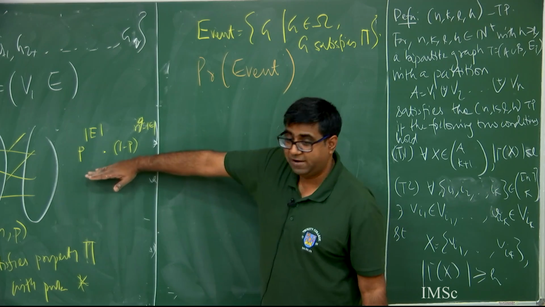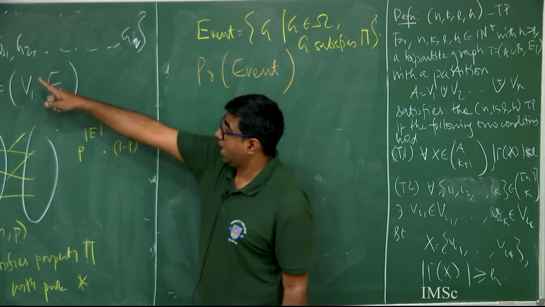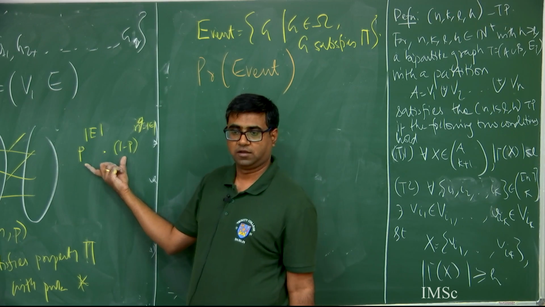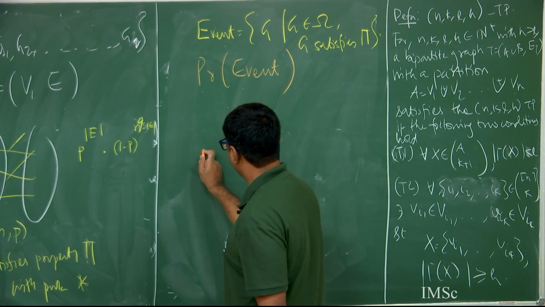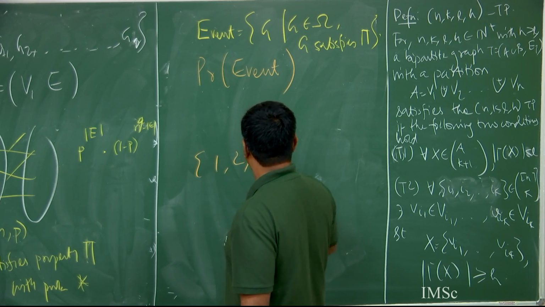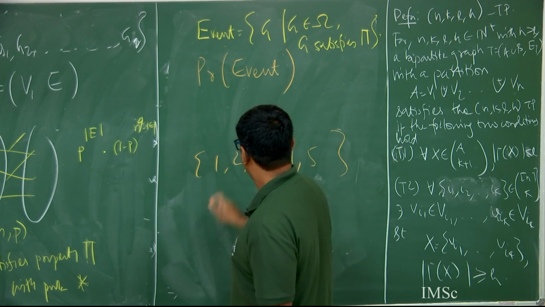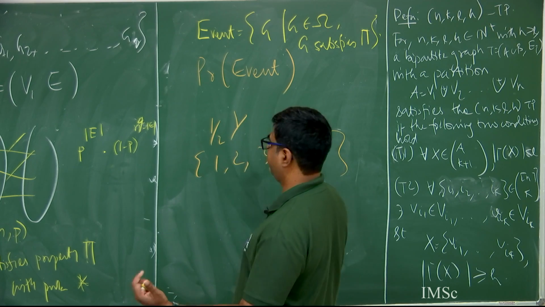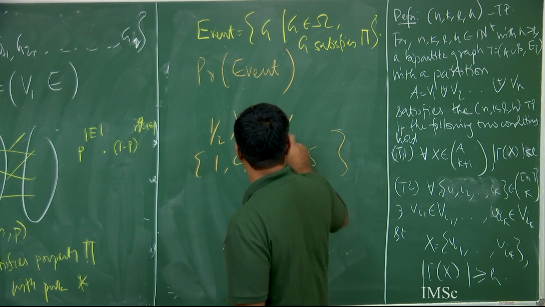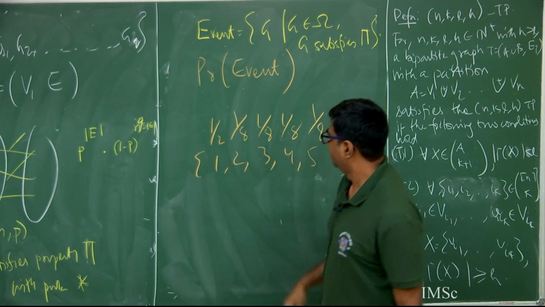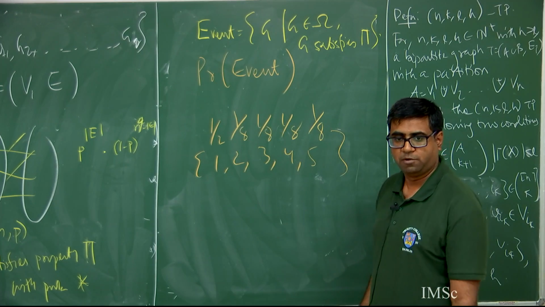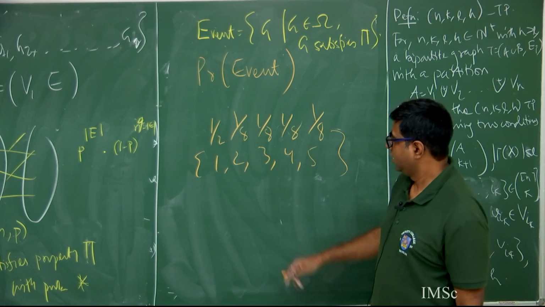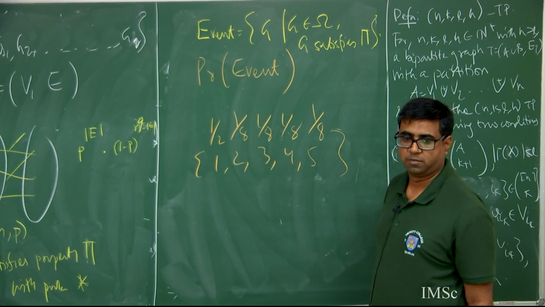Look, I have defined a distribution, and for each G I look at its edges and this gives the probability of that graph. Why can't I have an example where elements 1, 2, 3, 4, 5 have probabilities: one is half and the rest are 1 by 8 each. If I give you the event {1, 2}, its probability is half plus 1 by 8. The probability of {2, 3} is 1 by 8 plus 1 by 8.